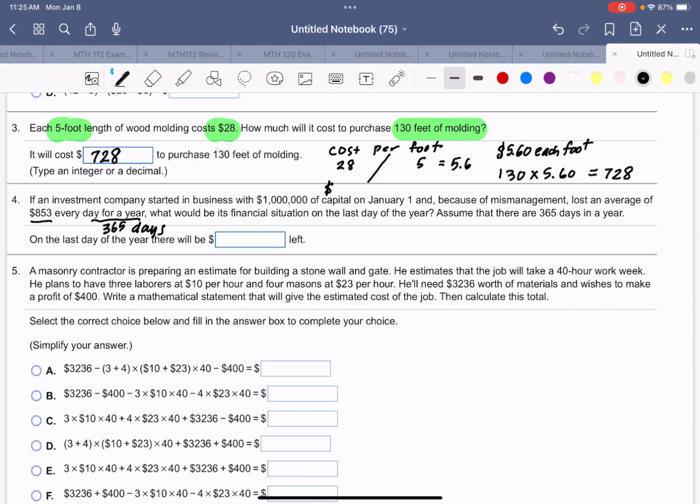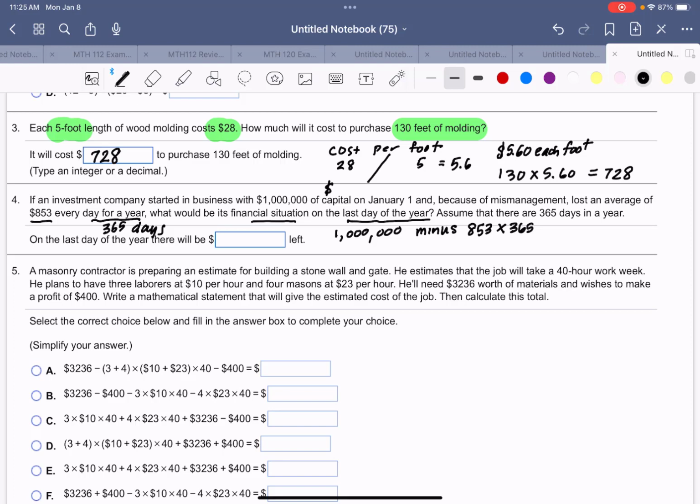What would be its financial situation on the last day of the year? So we know we started with $1 million, and from that we have to minus $8.53 for every 365 days.